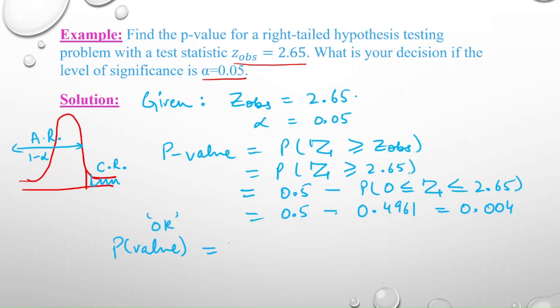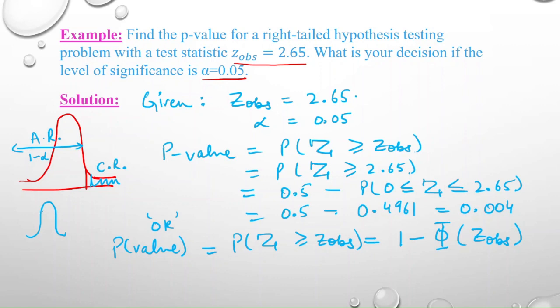So for the right tail, P of Z greater than or equal to Z observed is nothing but 1 minus phi hat of Z observed. Whenever you are given the CDF table, you need to calculate it like this.